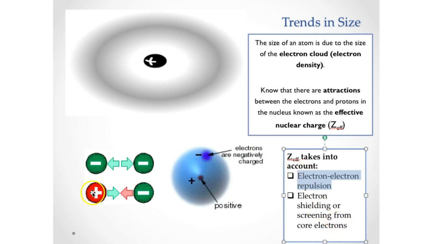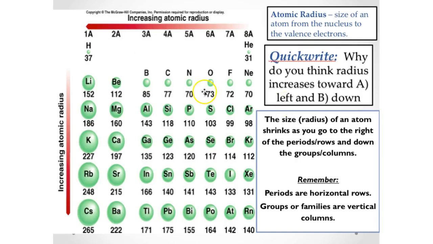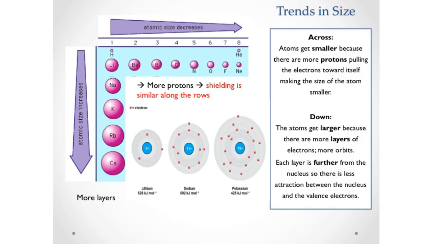And also the nuclear charge is stronger than something called electron shielding, which we'll talk about in a bit. But to answer the question, why do atoms get larger as you move to the left, and why do they get larger moving down? The answer is found in this slide.